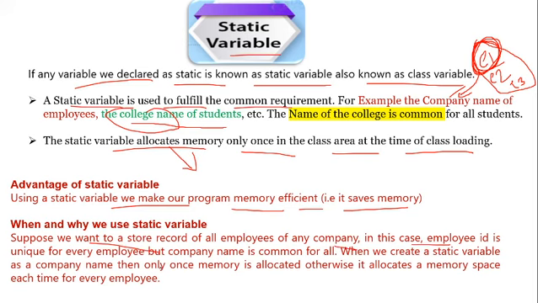Employee id is unique for each employee, but the company name is common for all. So when we create a static variable for company name, memory is allocated only once, otherwise it allocates memory space each time for each employee. It happens like that in the case of students also.